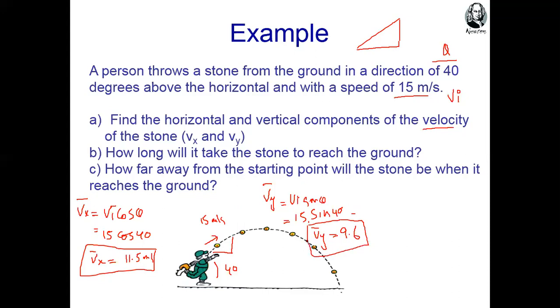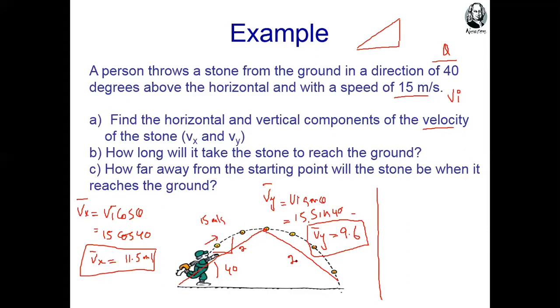What is the second one? How long will it take the stone to reach the ground? We need to find time, sir. Yes, we need to find time. But listen, in projectile motion, the time to reach maximum height, for example from starting to this position, let's suppose is 2 seconds, the same time to reach the ground will be 2.